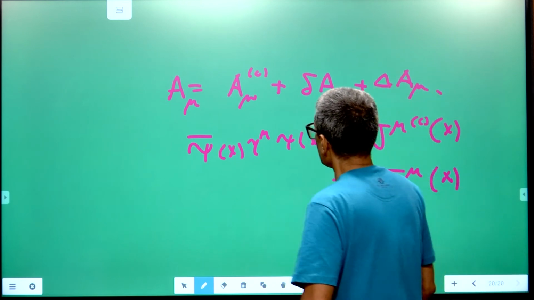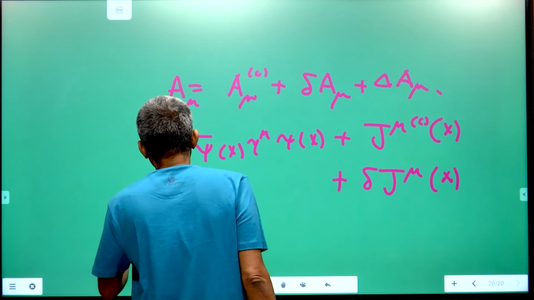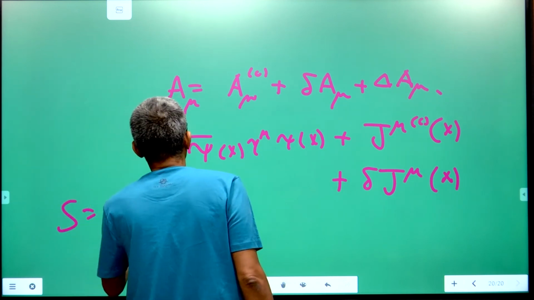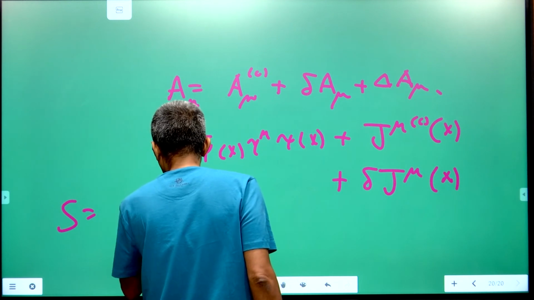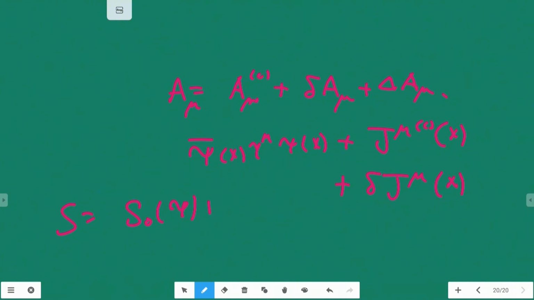In that case, what are the terms that will comprise the total action? The total action will involve the action for the free electromagnetic field, for the free Dirac field, plus the action for the free quantum electromagnetic field delta A, and the interaction terms will be many.